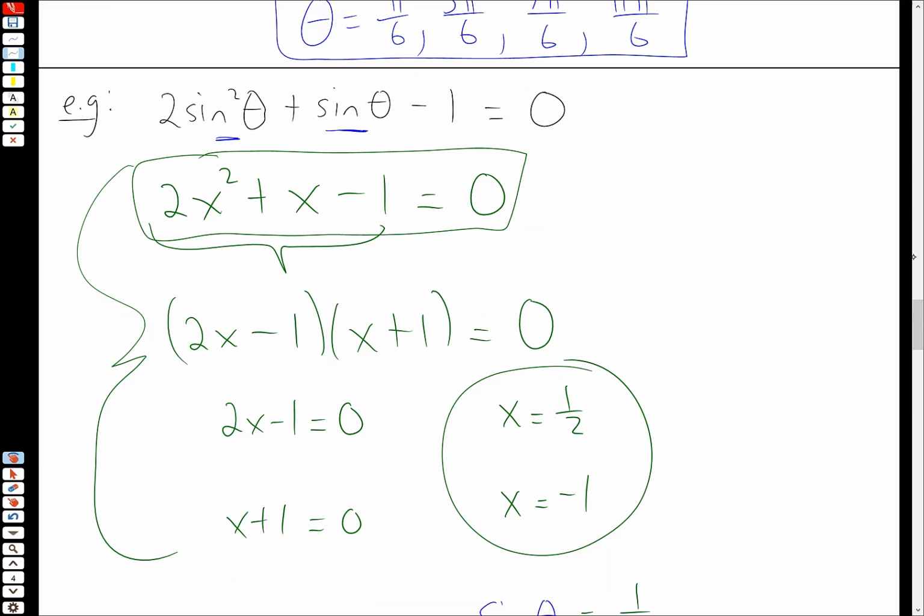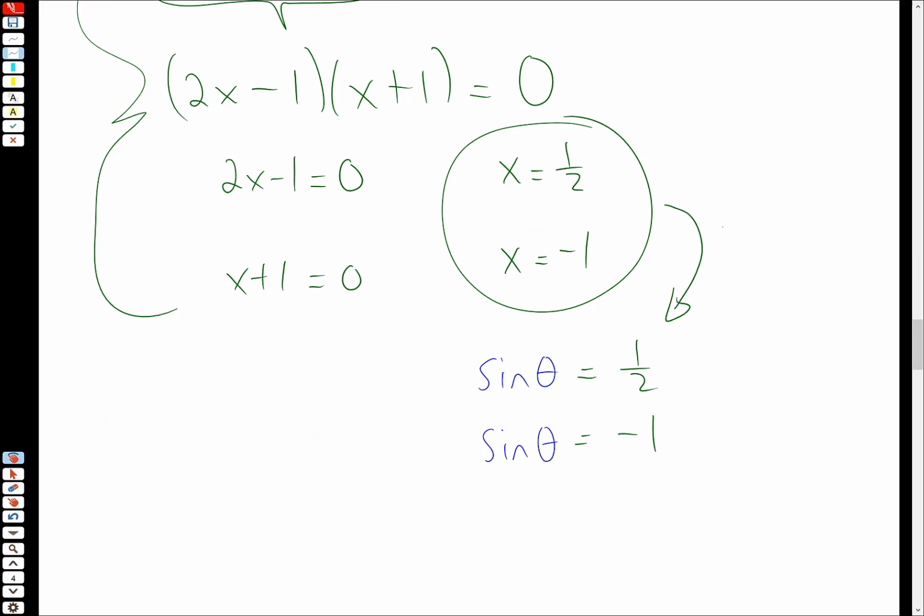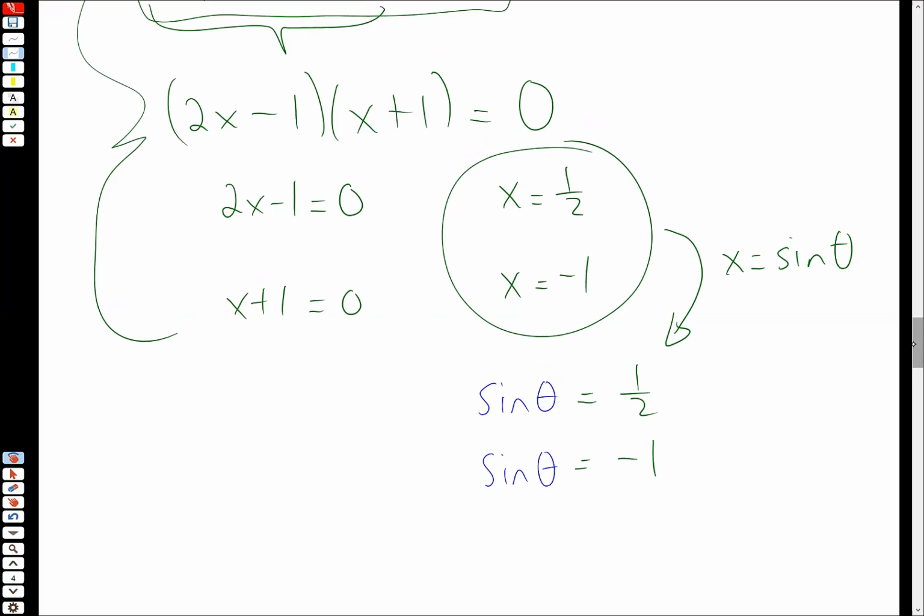From this step to this step, I let x equal sine of theta. And then from this step to this step, we're resubstituting x for sine of theta. This is something that you'll see in calculus at some point.